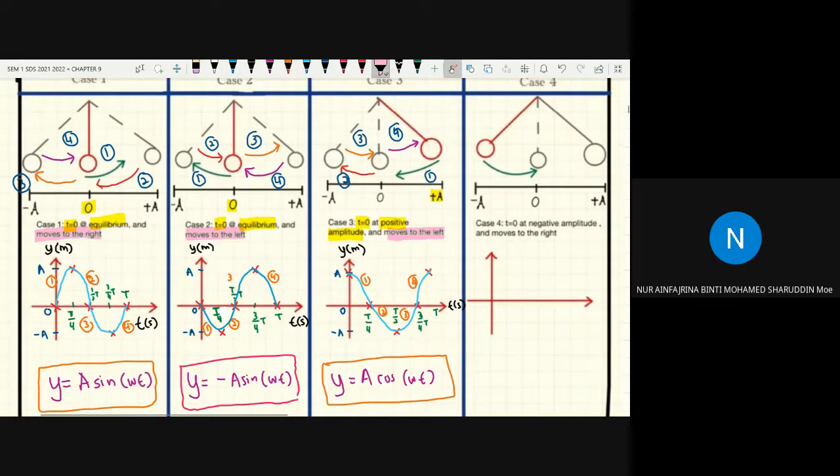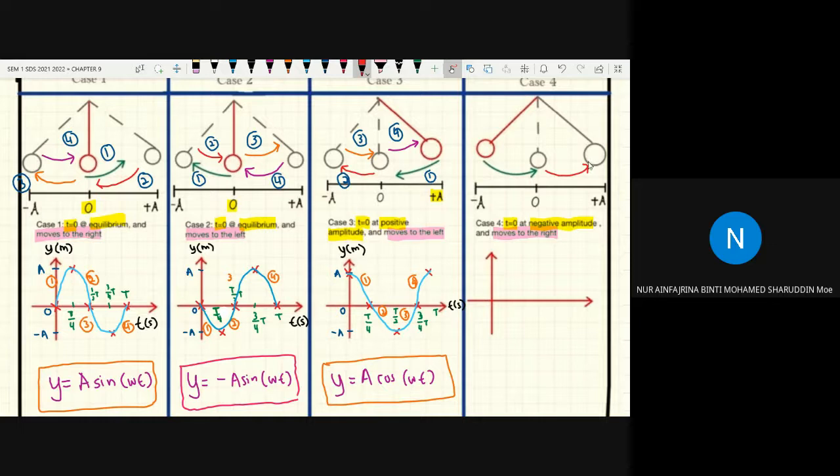Okay, the last one, case number 4, is when your time equals 0, but now it starts from negative amplitude and it will move to the right. Same as before, from negative amplitude it goes to equilibrium, and from equilibrium it goes to positive amplitude.